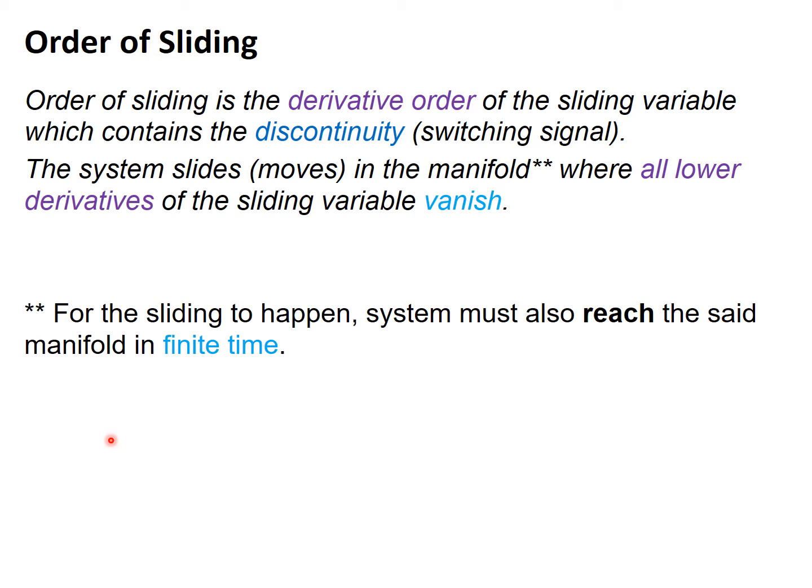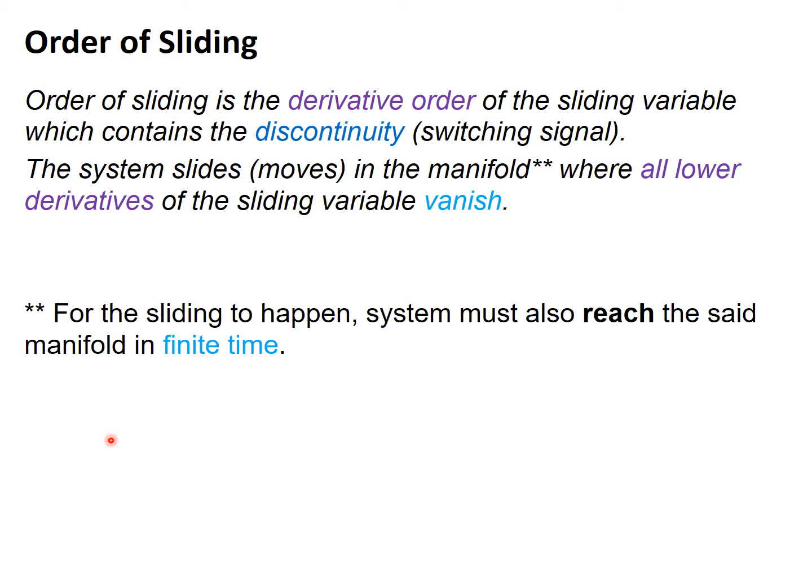So there has to be a switching signal present which switches across the sliding surface, some sign S term has to be there. So the derivative order of the sliding variable which contains this switching term is called the order of sliding.